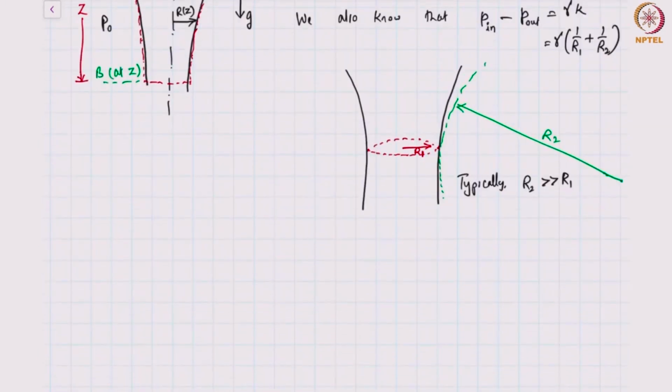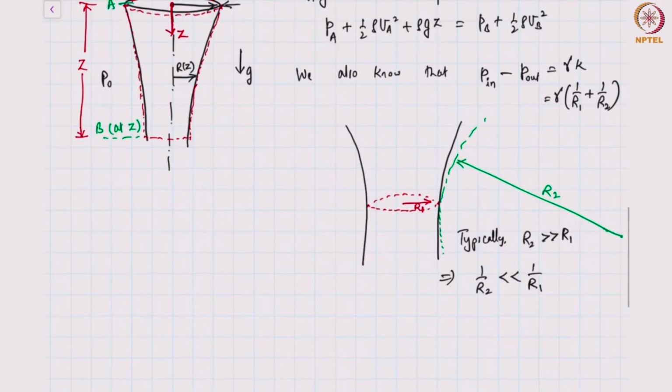So this immediately means 1 by R2 is much smaller than 1 by R1. So I can now conclude that the pressure inside minus the pressure outside is approximately gamma by R1.